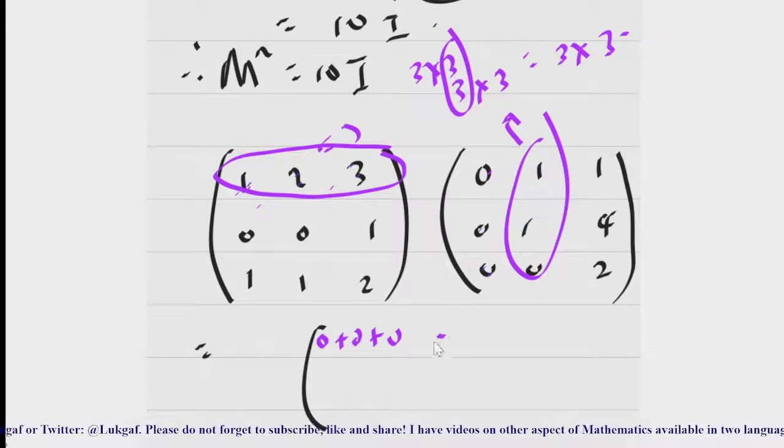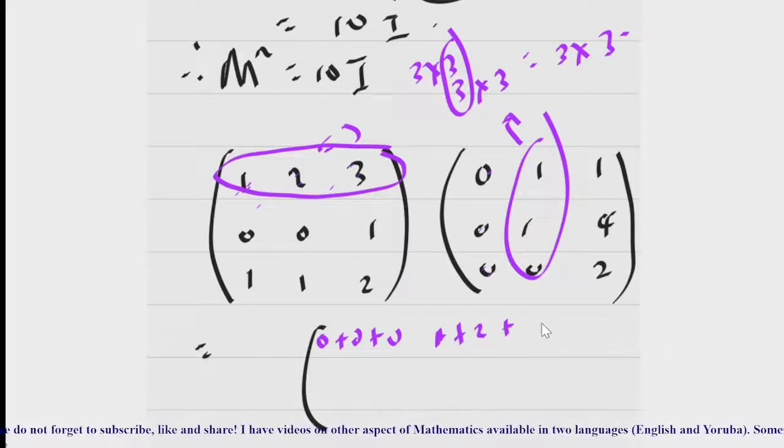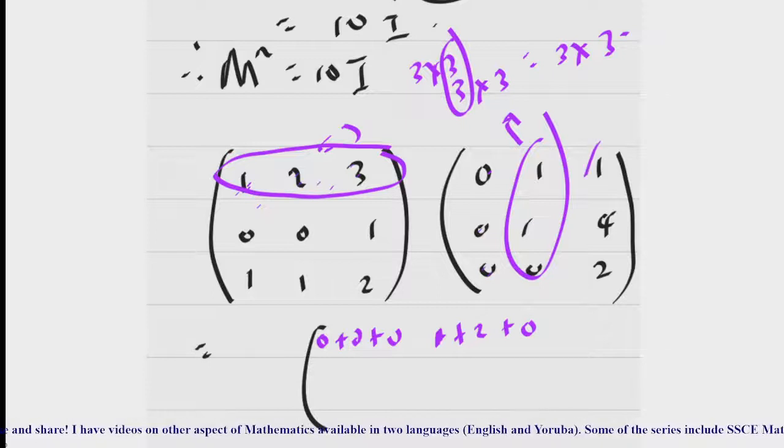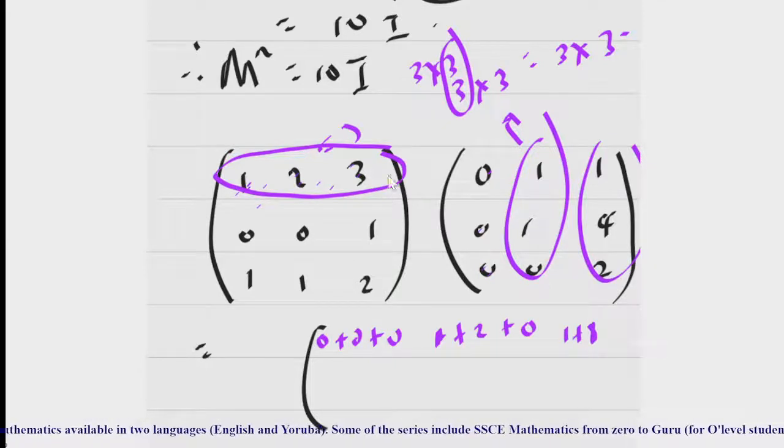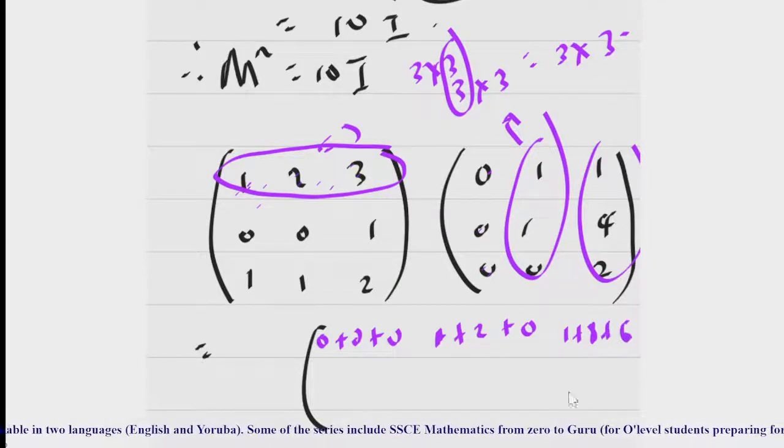So 1 times 1, 1, plus 2 times 1, 2, plus 3 times 0, 0. For the third one, the same row with the third column: 1 times 1, 1, 2 times 4, 8, plus 3 times 2, that is 6.